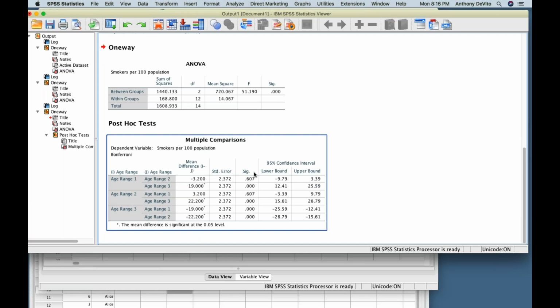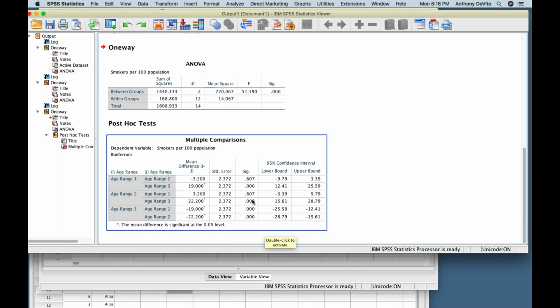So what I'm looking for here is significances that are less than 5%. This is not less than 5%, so I can't say the mean for age range 1 is not equal to age range 2. No, but I can say age range 1 is different from age range 3. And age range 2 is also different from age range 3.